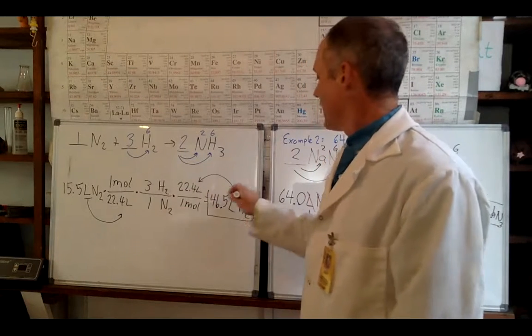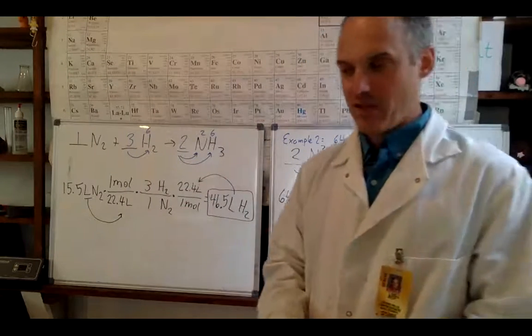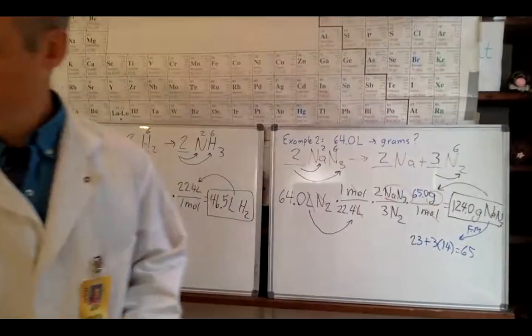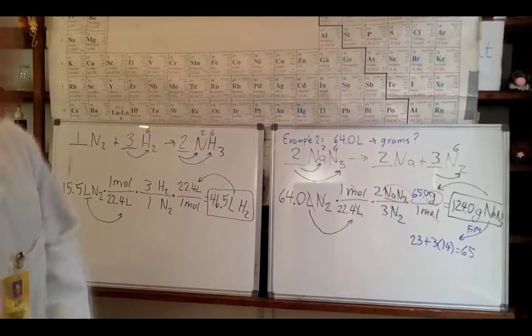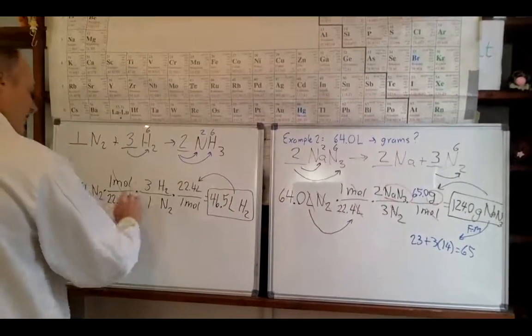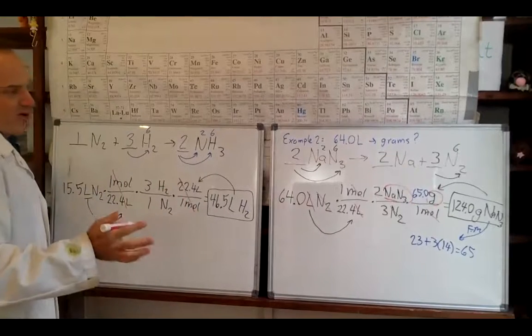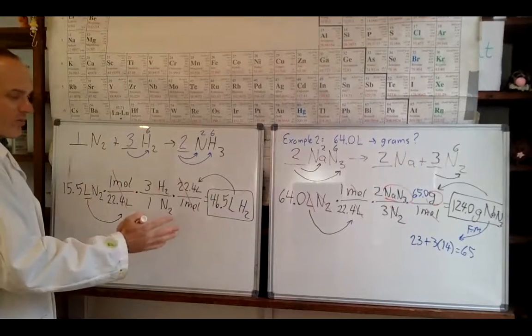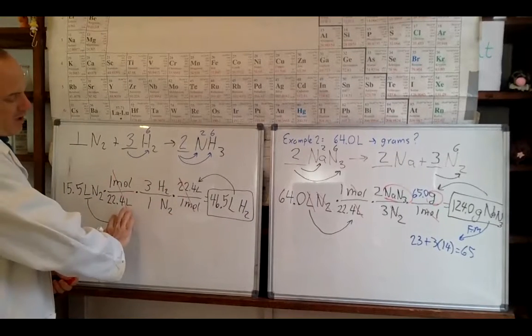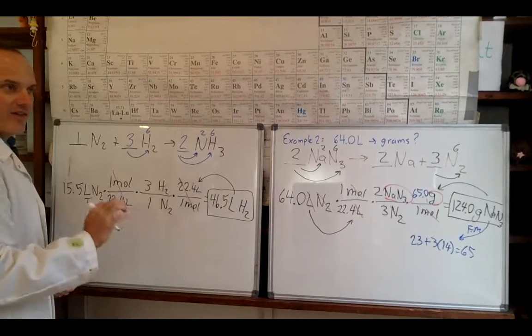Okay, but this whole thing could be much more easily set up if you cancel these steps out. Before, we canceled individual units out, but in this problem, it actually cancels an entire step out.